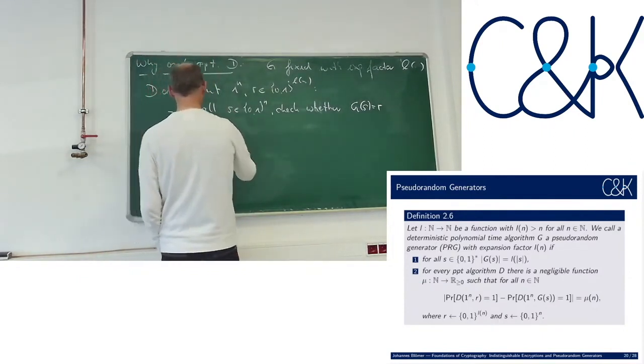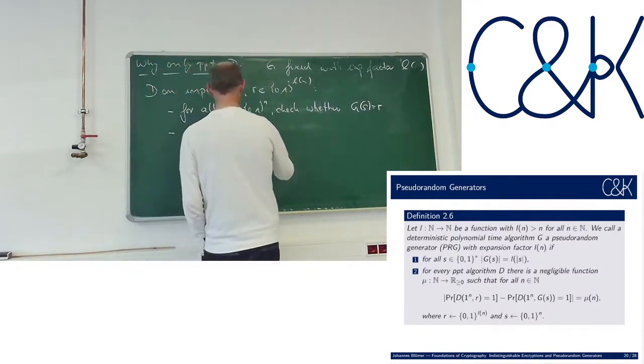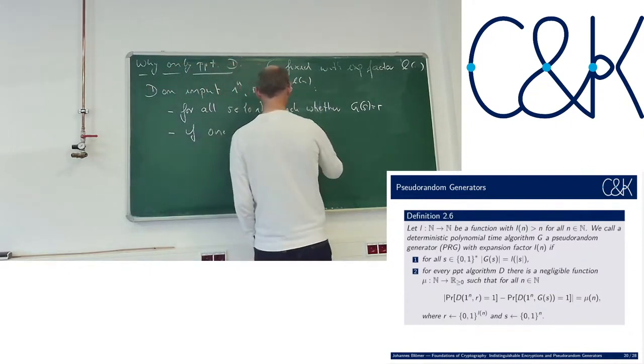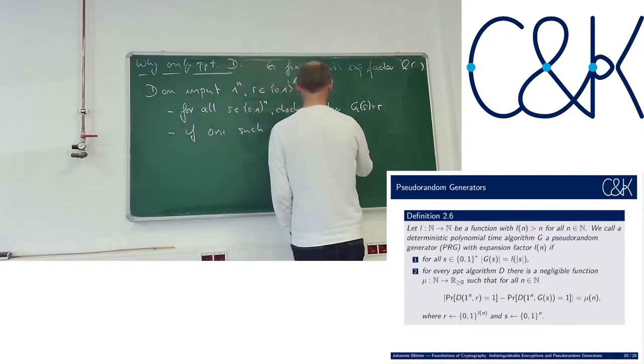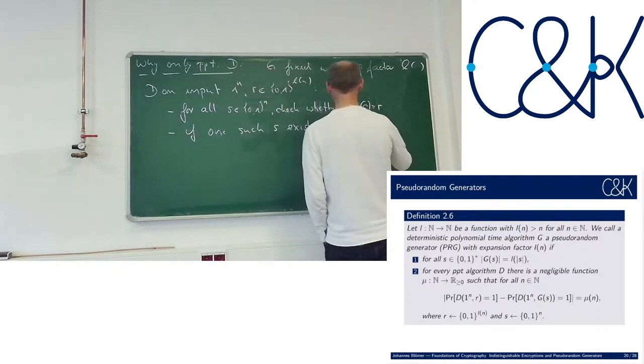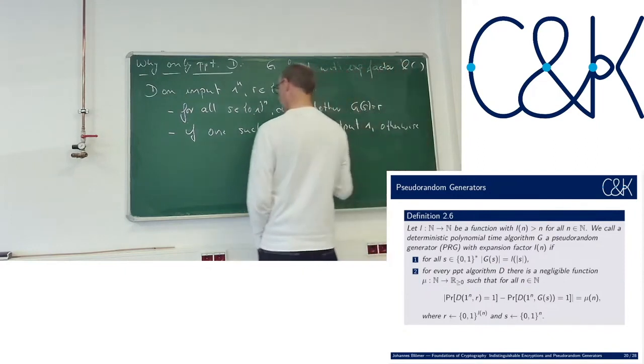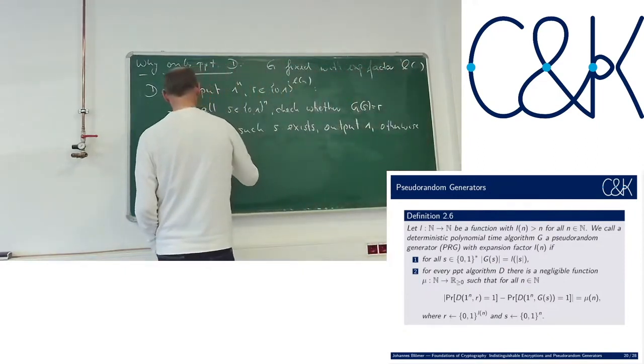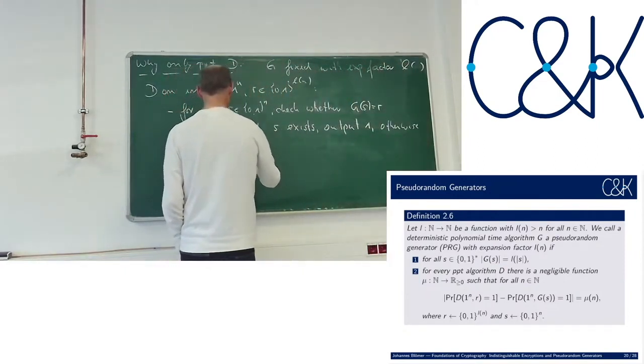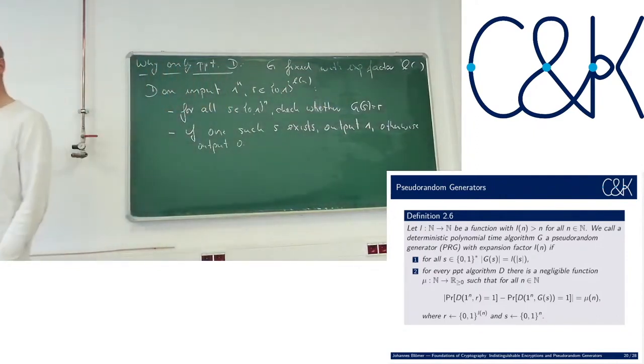If one such s exists, output 1, otherwise output 0. I try all pre-images, see whether they fit.